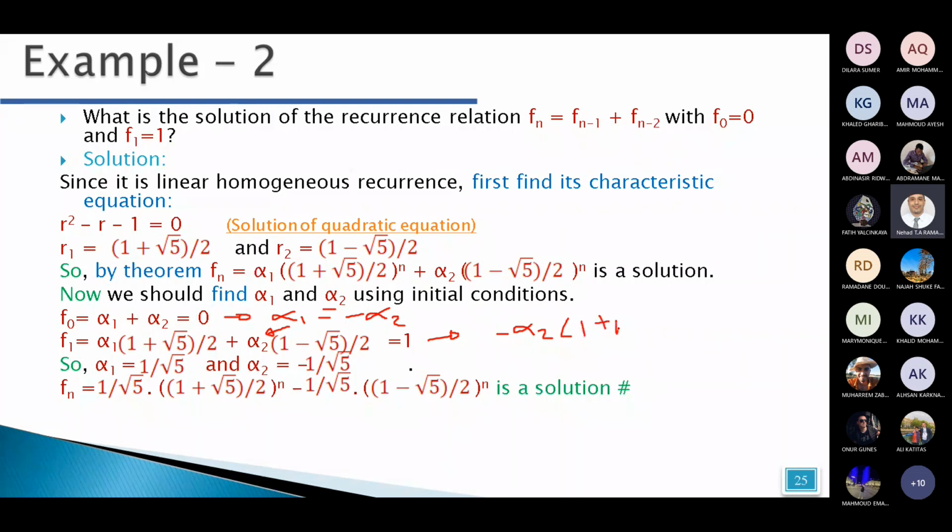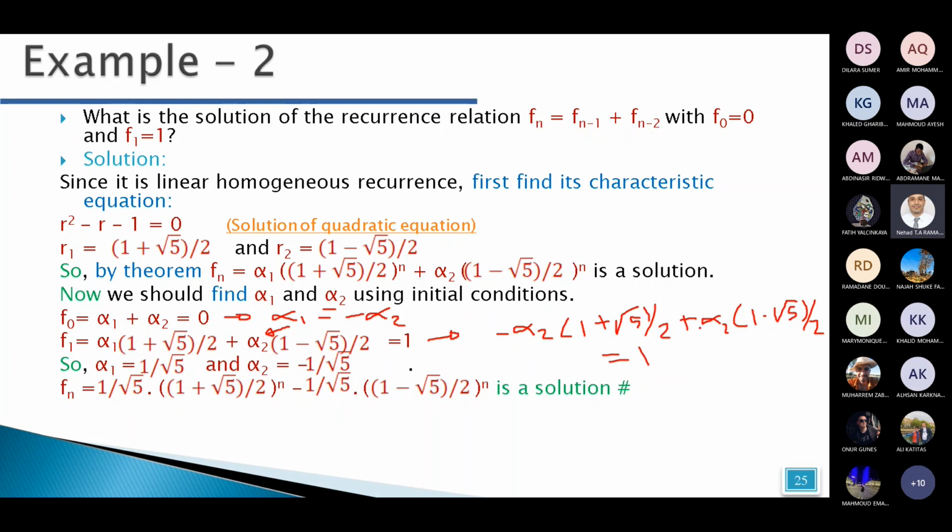So this becomes like this: minus alpha 2, (1 plus root 5) all divided by 2, plus alpha 2, (1 minus root 5) all divided by 2, equals 1.